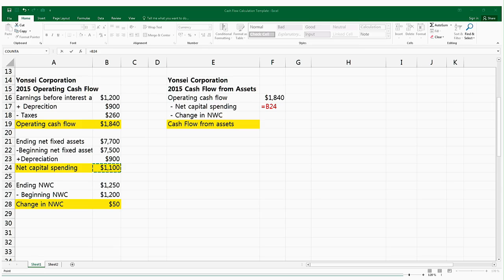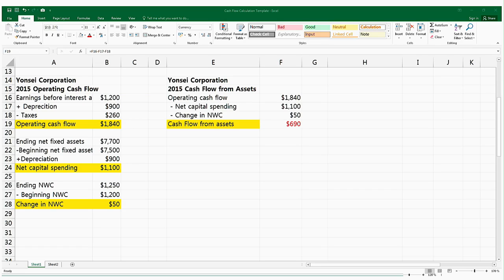Net capital spending is in cell B24 and it is $1,100. Change in net working capital is in cell B28 and it is $50. Cash flow from assets is $1,840 minus $1,100 minus $50 is equal to $690.